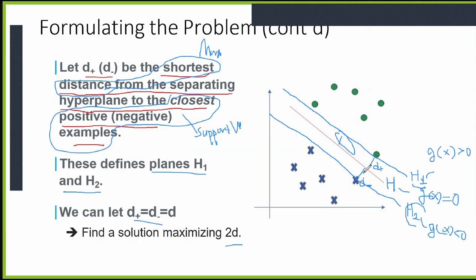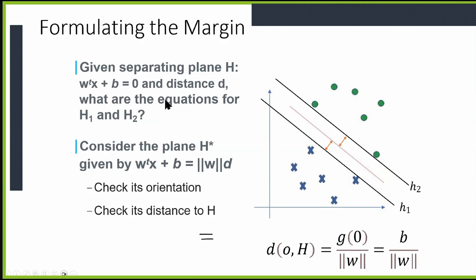We want to set D plus and D minus to the same distance. We want them to be equidistant because we're not favoring either one of the classes. We want the hyperplane to be at the exact middle between H1 and H2. So basically, we are maximizing the 2D.